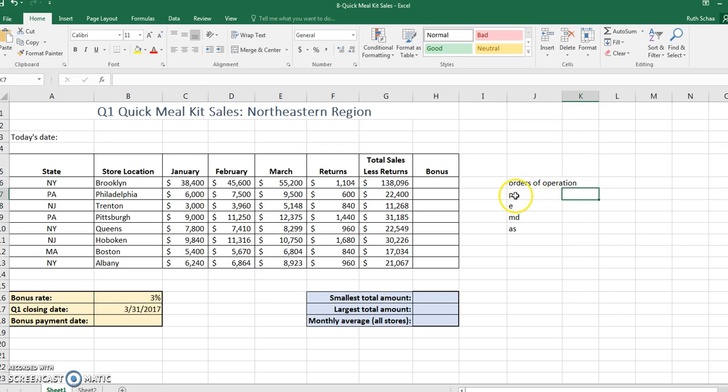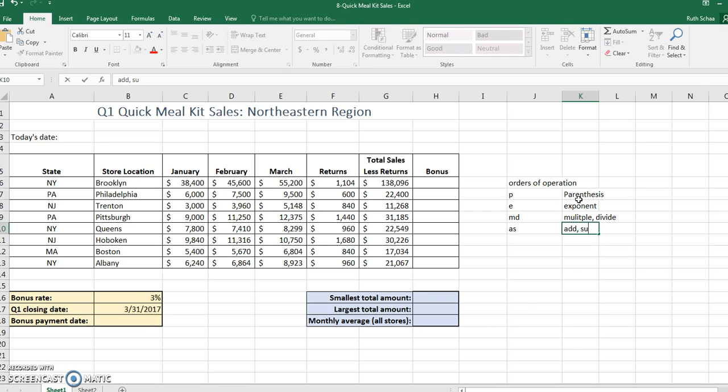Anything in parentheses will go first. Exponents will go second. Then it's multiply and divide.